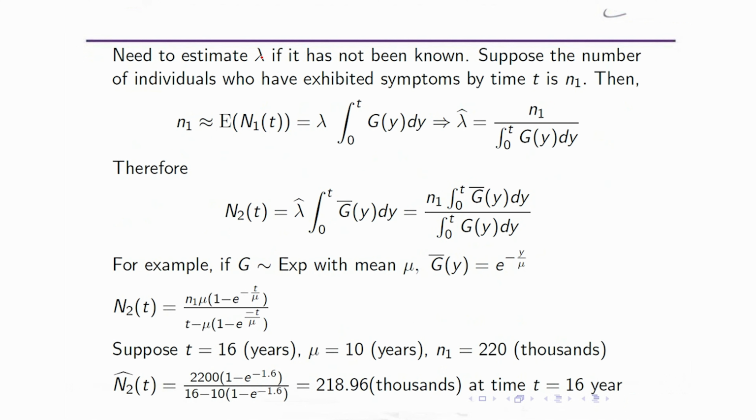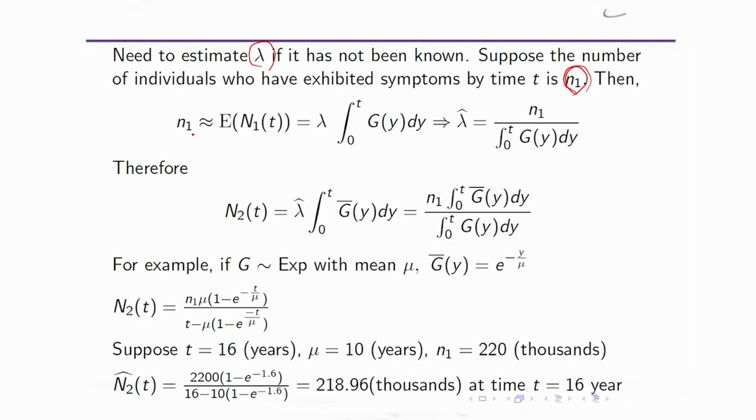Now, we need to estimate lambda, because lambda is unknown. But the number of individuals who have exhibited symptoms by time T must be known, because those patients may go to the hospital to seek help. So usually we will know the number of patients who have exhibited symptoms, right? So suppose N1 is known.